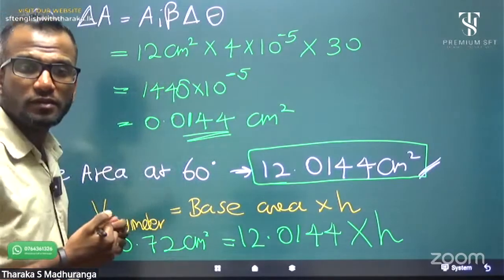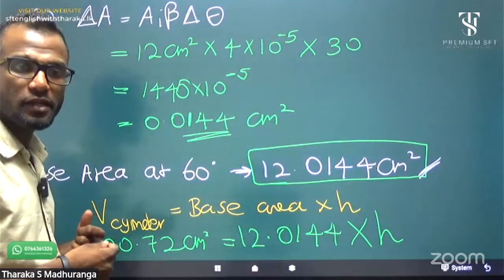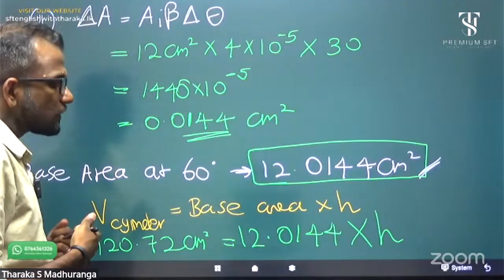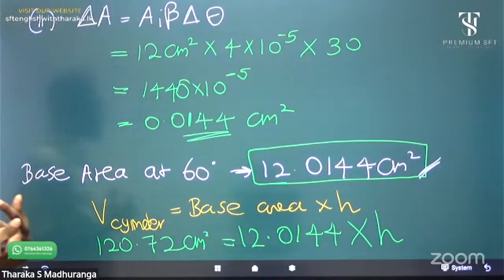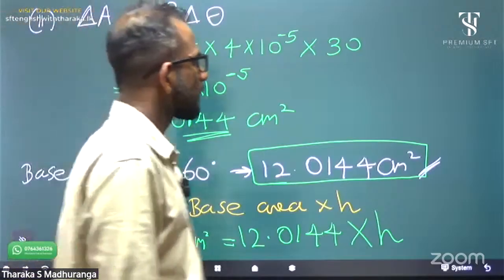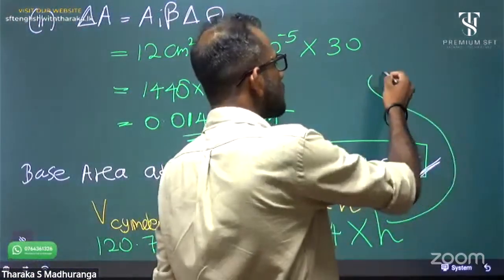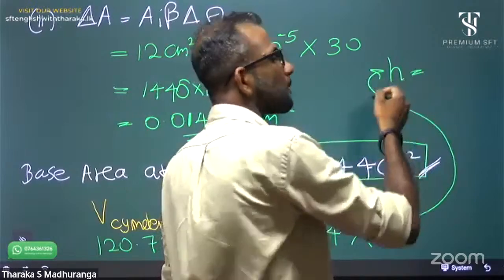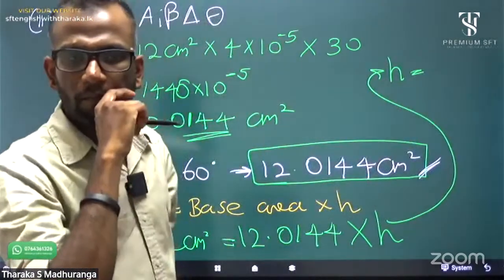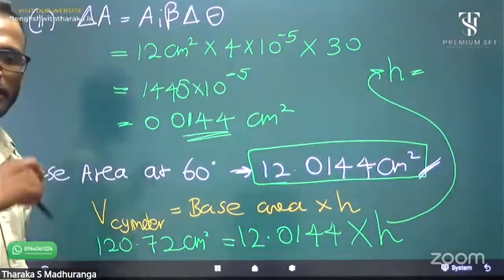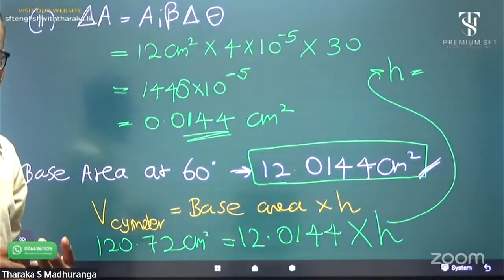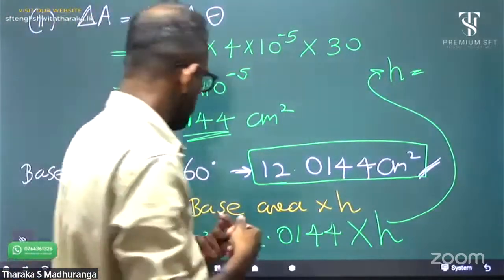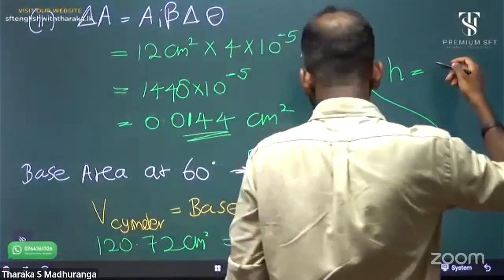What's the answer? What's height, Nabil? What's h? Then h equals, quickly, 10. Good. 10, yes.